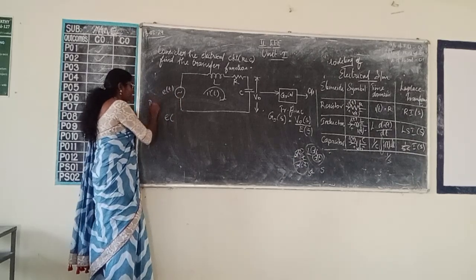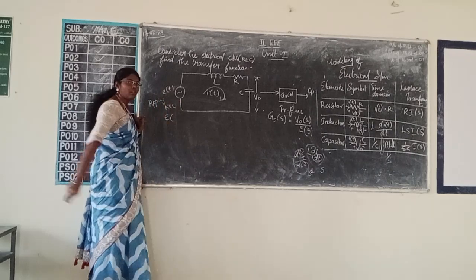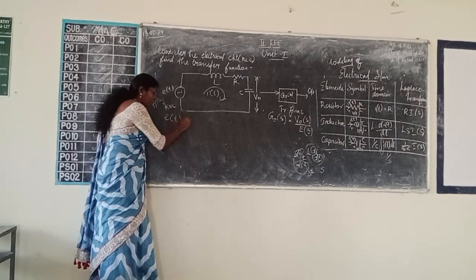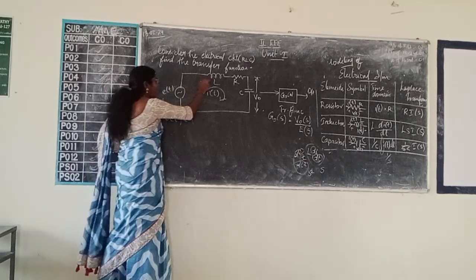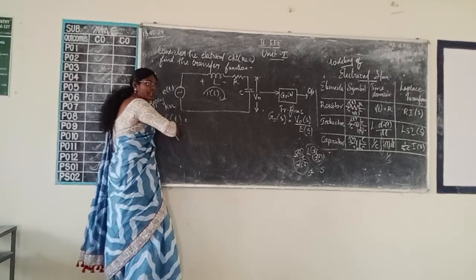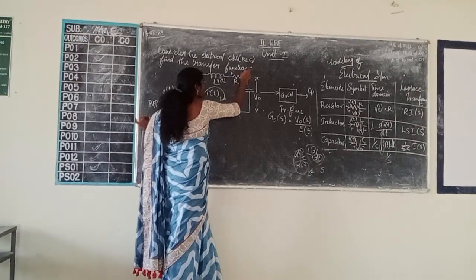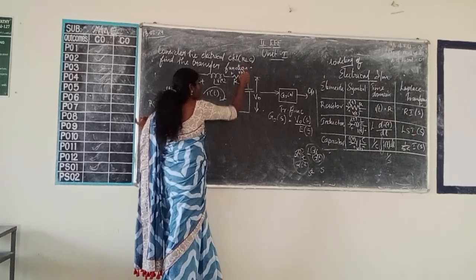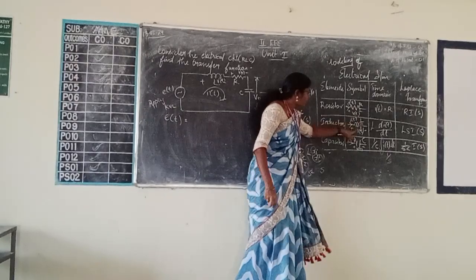Apply KVL: E of t is equal to the sum of the voltages across the elements. Here there is a voltage across each element, named V of t.